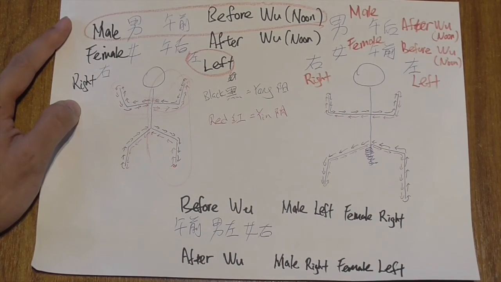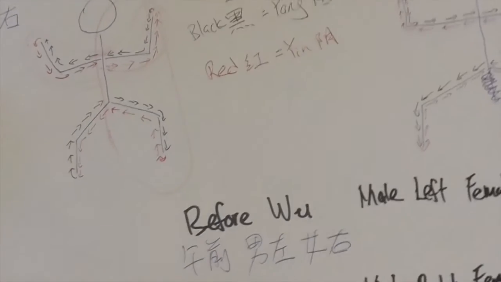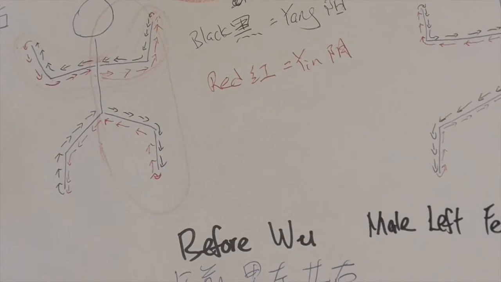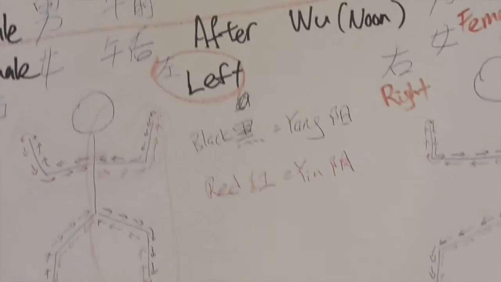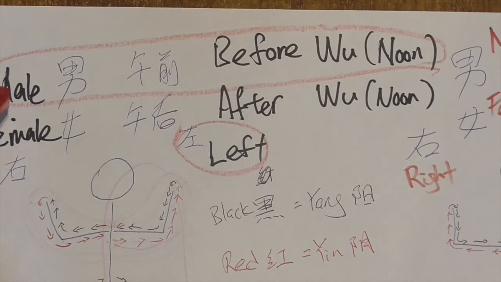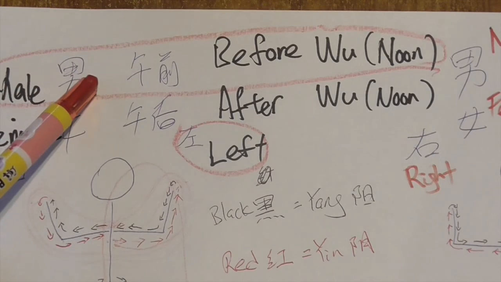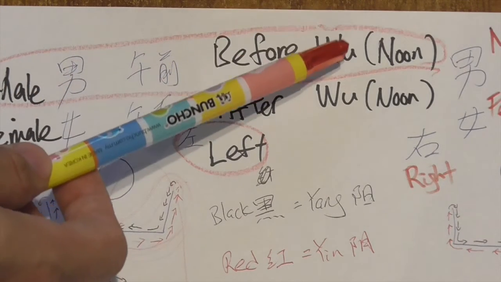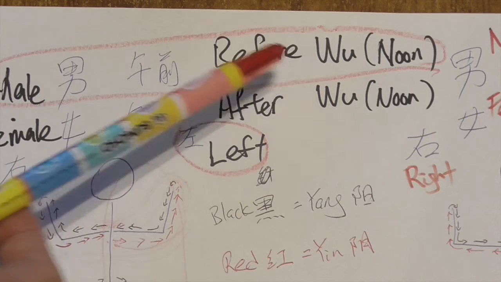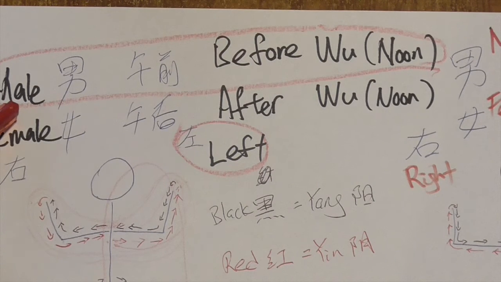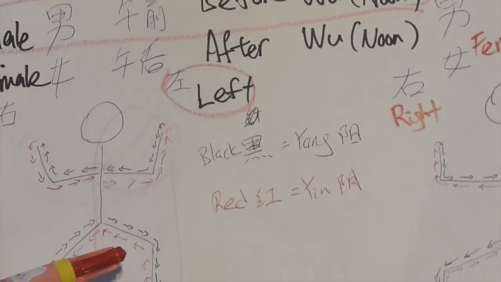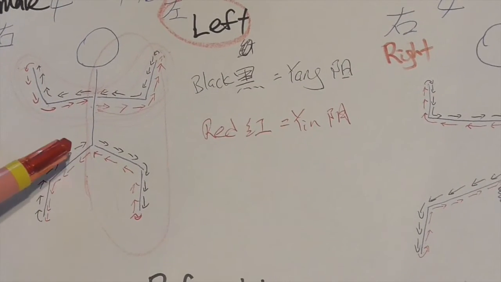Now we're gonna go to the leg. Okay. You see, male left side before 午, males over in the left side. Left side is what you memorize from the school.